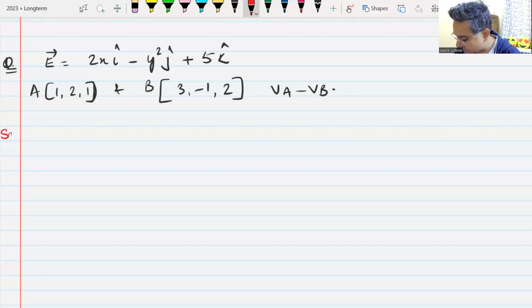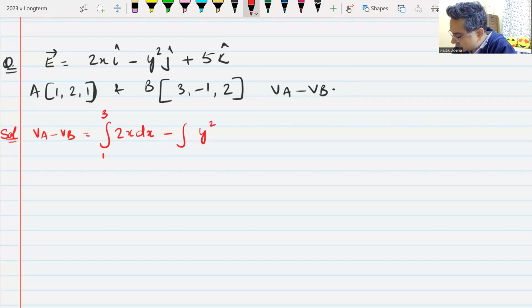So how are we supposed to do this? VA minus VB will be integral of 2x dx varying from 1 to 3, minus integral of y square dy, this varying from 2 to minus 1, plus 5 integral of dz varying from 1 to 2.